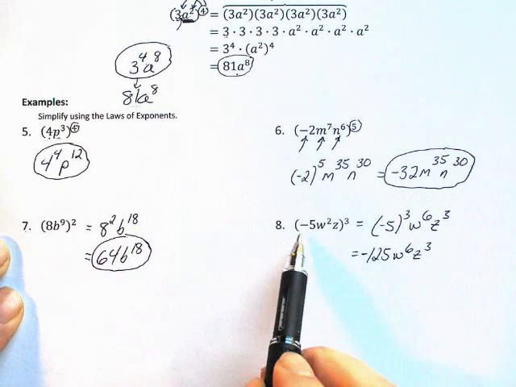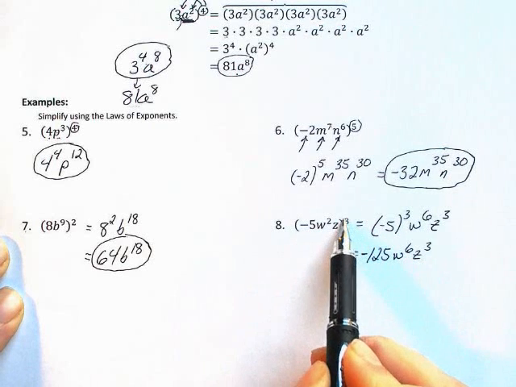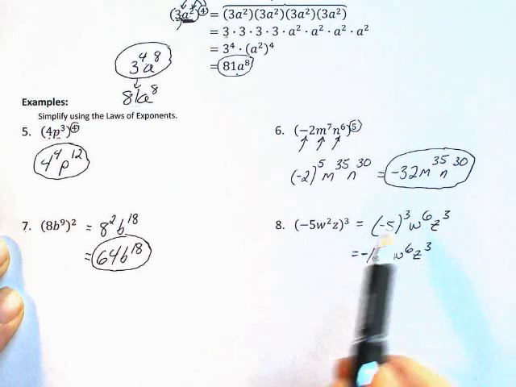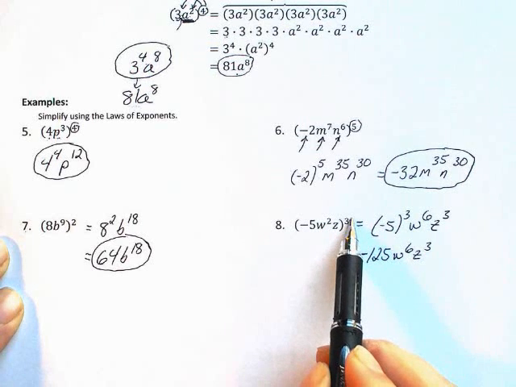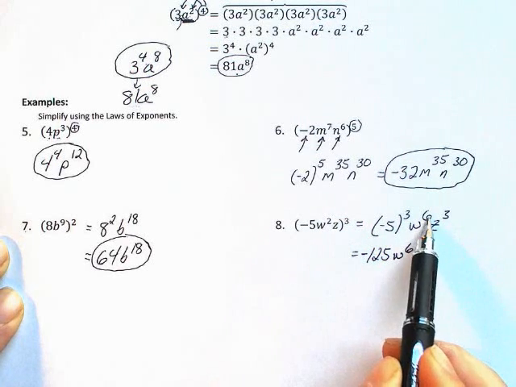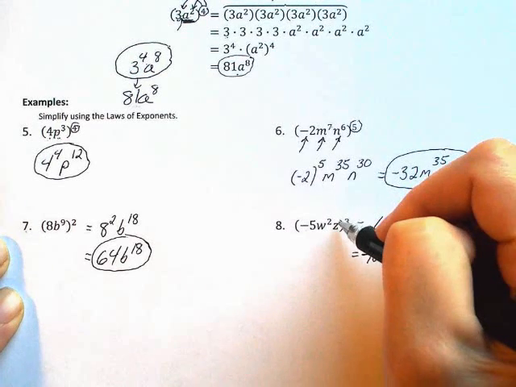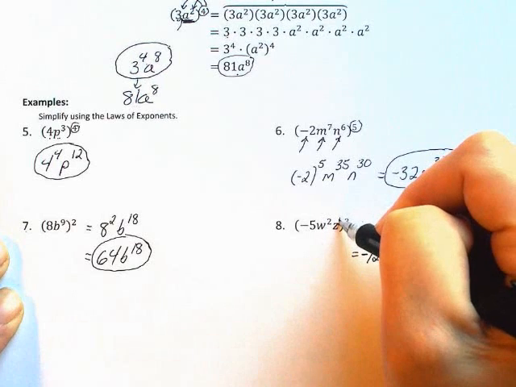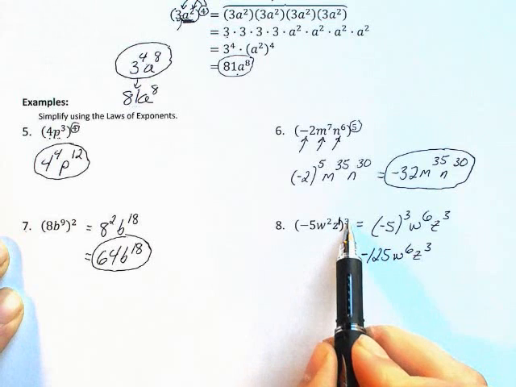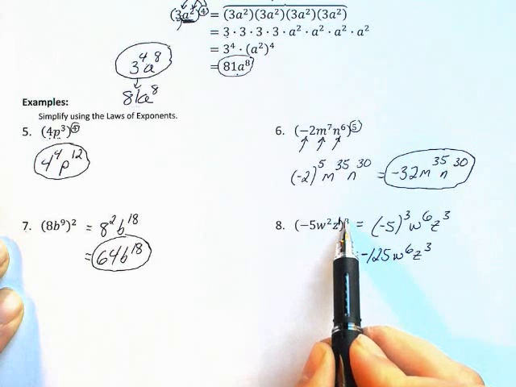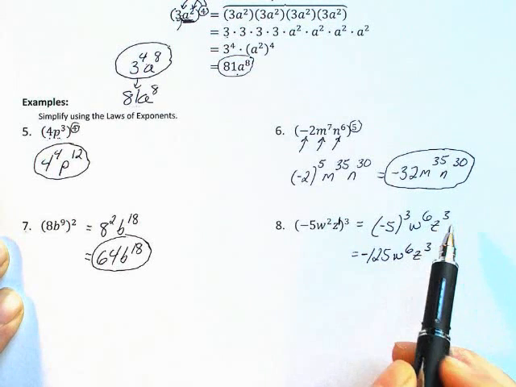Now in problem 8, take the first factor of -5 and raise it to this power. Then take the factor w squared and raise it to that power by multiplying the exponents. And then take the last factor z, or you could think of it as z to the 1st power to mean that there is a single z, and raise it to the 3rd power by multiplying the exponents. 1 times 3 is an exponent of 3 for z.